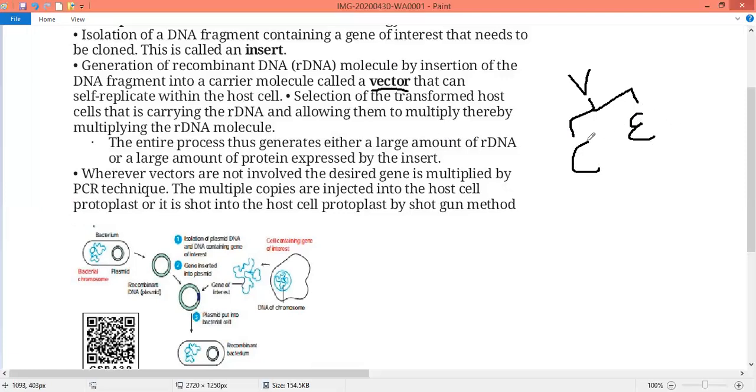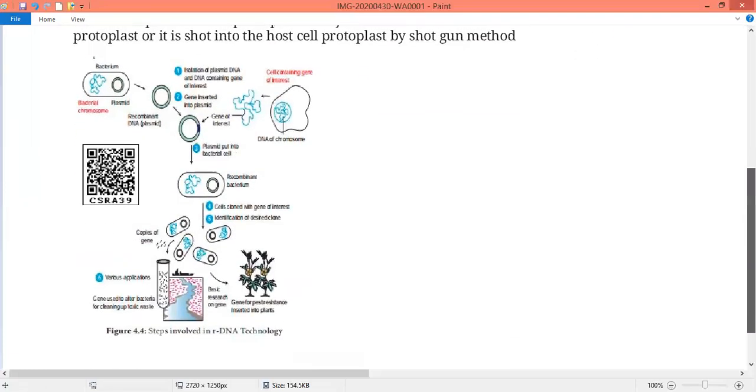After selection of this vector, what is the procedure? Let us follow the diagram. With the help of the diagram, we can understand rDNA technology very clearly. First we need to isolate the plasmid from the bacterial cell, that is Escherichia coli. So our target genome is here.